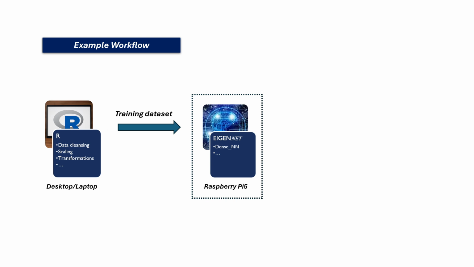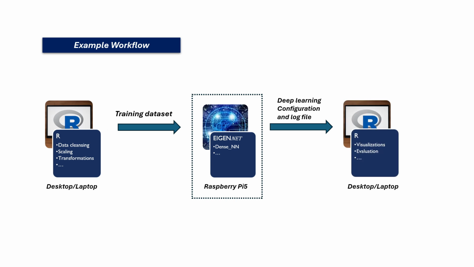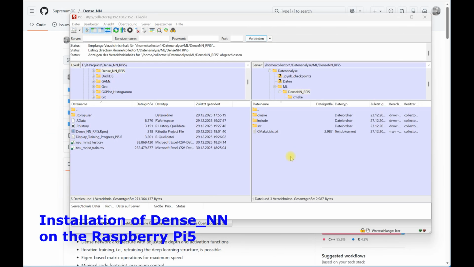It is clear that the Pi 5 can just as easily be an HPC system. Training is performed on the Pi 5 and the deep learning configuration and training log are transferred back to the desktop for evaluation. I will start the dense_NN installation on the Pi.